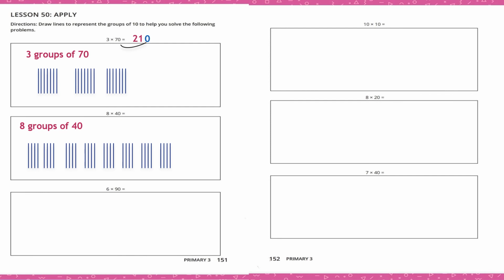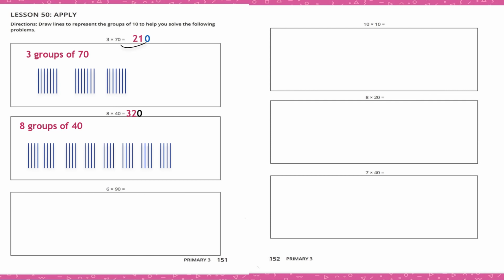So I can say 40 plus 40 plus 40 plus 40 and so on, 8 40s. But I can solve it the same way by multiplication. I can take 0 out, and 4 times 8 is 32. So the total will be 320.